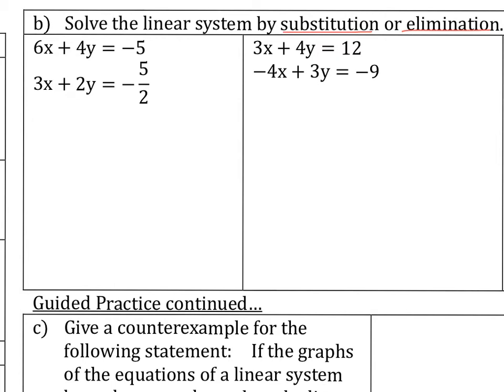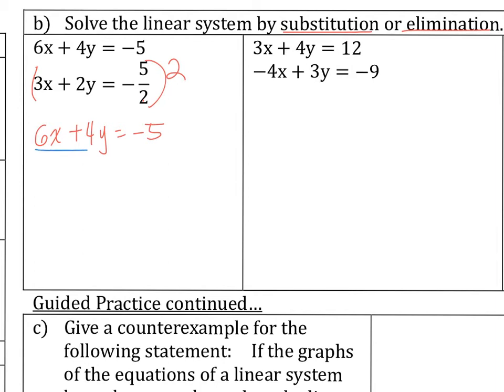Okay, I'm going to see if I can rewrite this equation without a denominator and see what I can do. Multiply this by 2, so this becomes 6x plus 4y equal to negative 5. Aha!